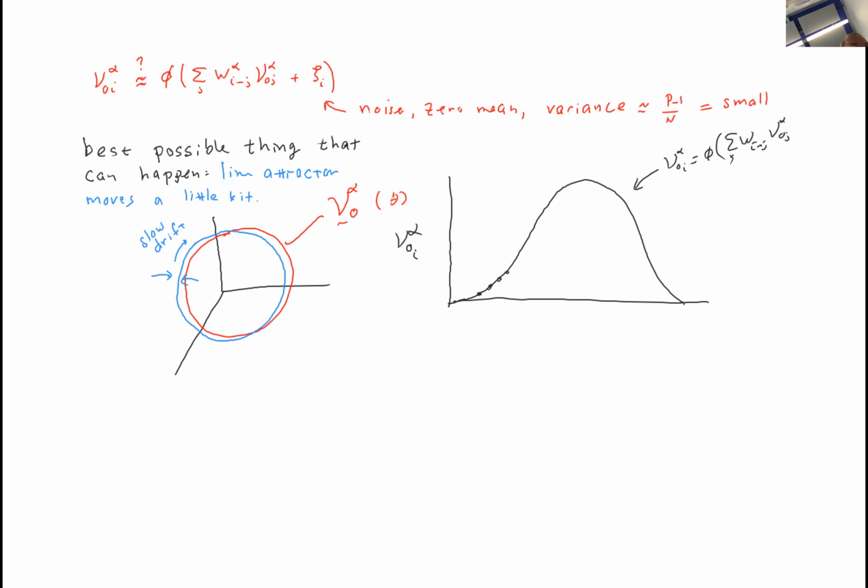But we also have, so this holds, right? But what about when we add in noise? Remember, we're going to add in noise. This is phi of the sum over j of w_ij nu_0j alpha, and then we're going to also have plus squiggle i. So what does this plus squiggle i term do?